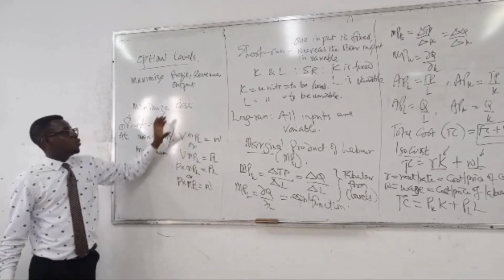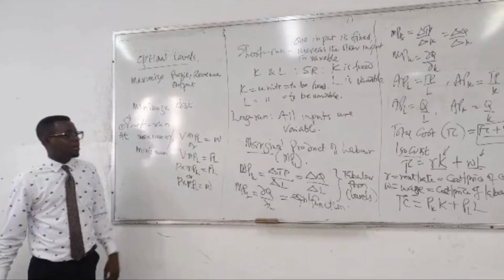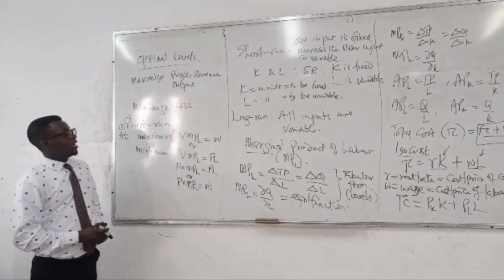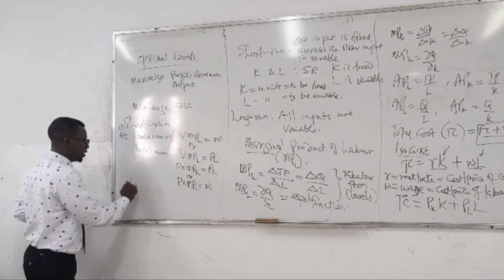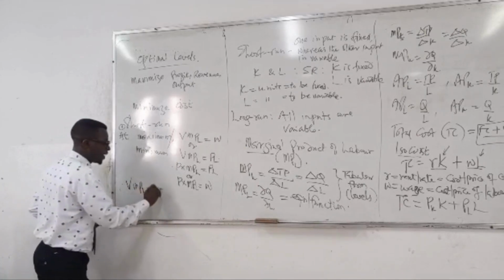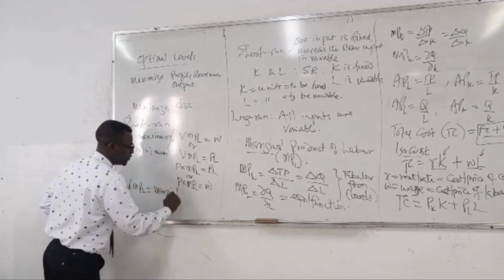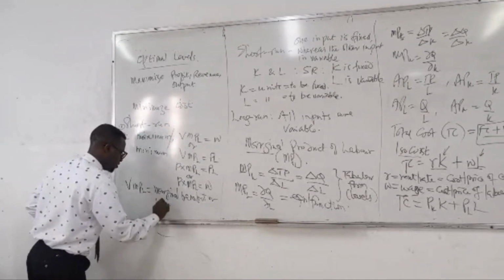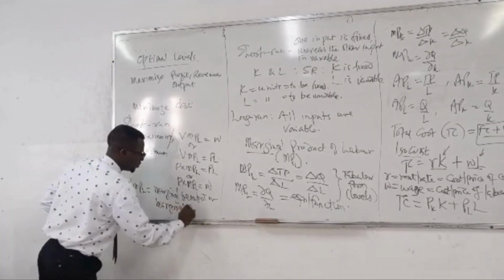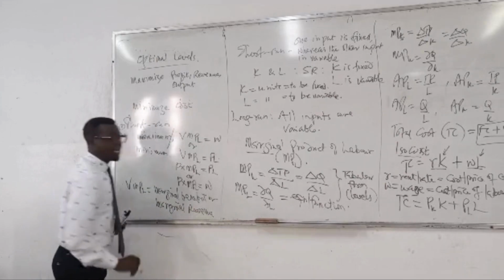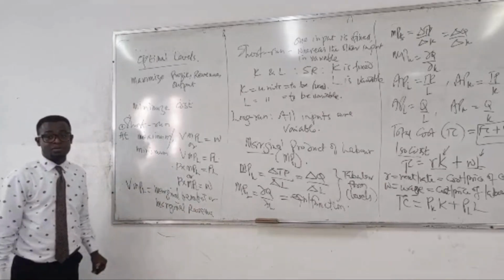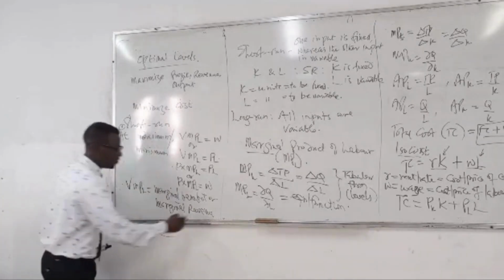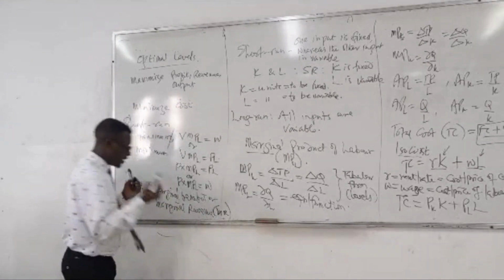But first, we have to say the value marginal product of labor. The value marginal product of labor is also called marginal benefits or marginal revenue. So in some cases, you could say that VMP is equal to the MR, the marginal revenue.